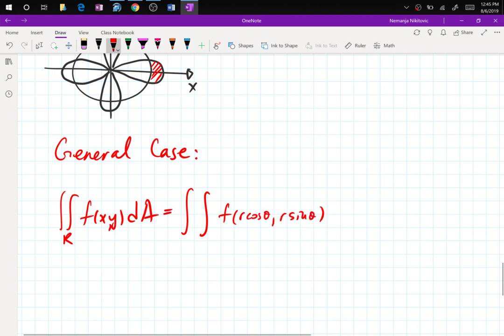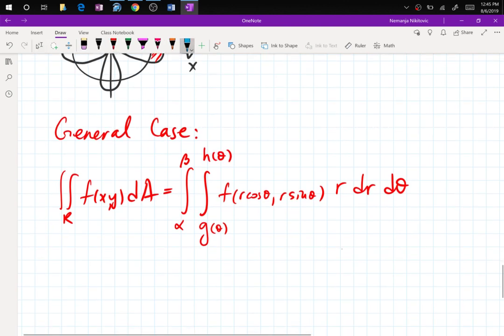That's just telling you that you are supposed to convert all of your x's and y's into r's and thetas. Still have r dr d theta, that doesn't change. Alpha and beta do not change for limits. Now you have two functions: a function g of theta, and a function h of theta. So that's what's new.